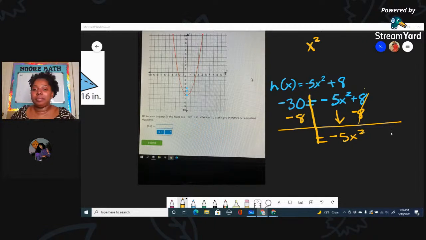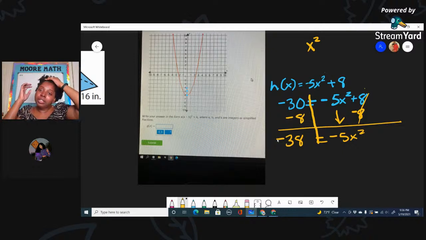Uh-huh. Okay. Negative 30 minus 8. 38? Negative 38? Mm-hmm. Oh, wow. I really need my calculator for that. Okay. You're fine. Okay. So this is going to end up being an ugly number. Usually the rate of change, hold on, let me just make sure that's not what they want. Usually the rate of change is the slope.